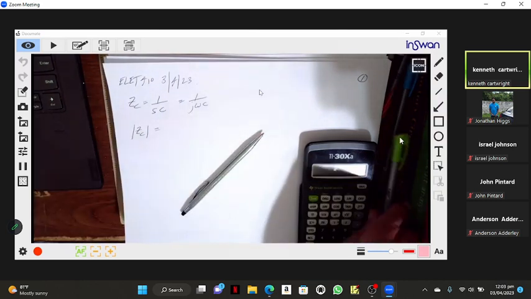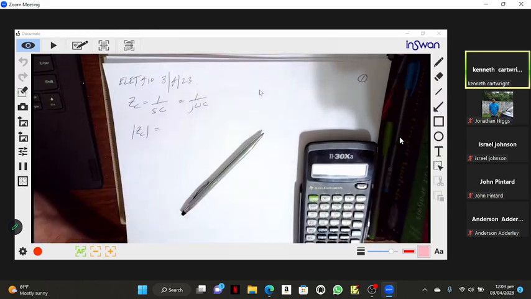I don't know why y'all can't get this right. What's the magnitude of the impedance?